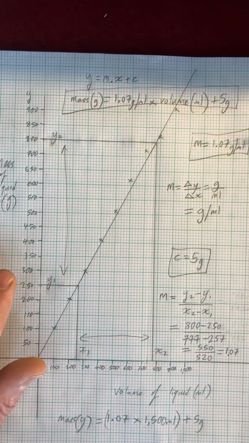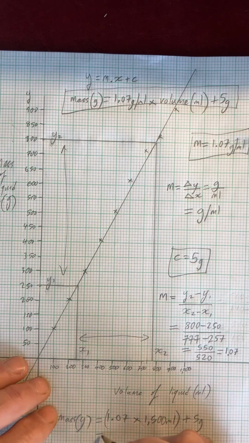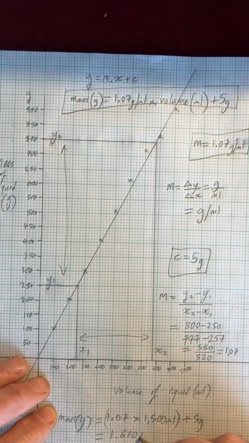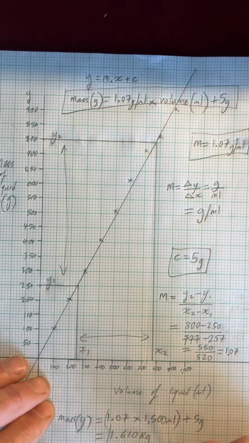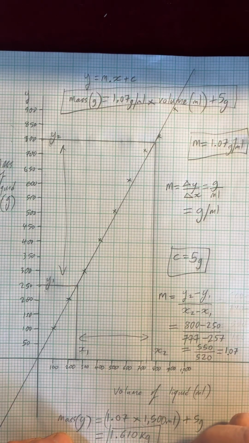So if I put that into my calculator, it is 1.07 multiplied by 1,500 plus 5 is 1,610. So the mass would be 1.610 kilograms, which is 1,610 grams.